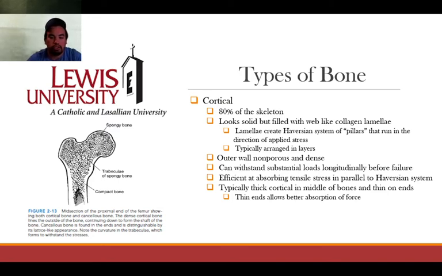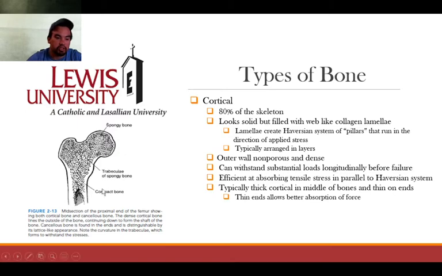Now, when you say longitudinally, it's in the plane of the bone formation, the bone growth, so it can handle that up and down force. And then it's efficient at absorbing tensile stress parallel to these Haversian systems.